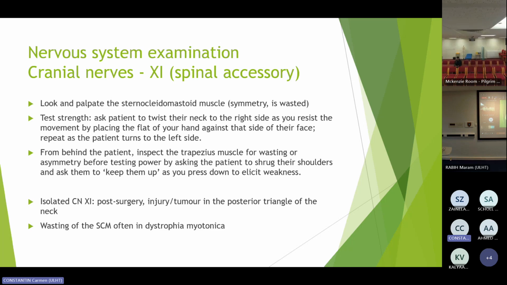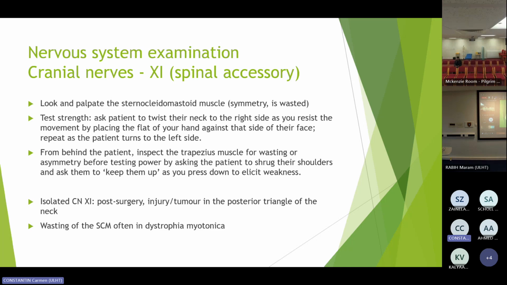For the strength test, ask the patient to twist their neck to the right side as you resist the movement by placing the flat of your hand on that side of their face, and of course repeat on the opposite side, so bilateral examination.